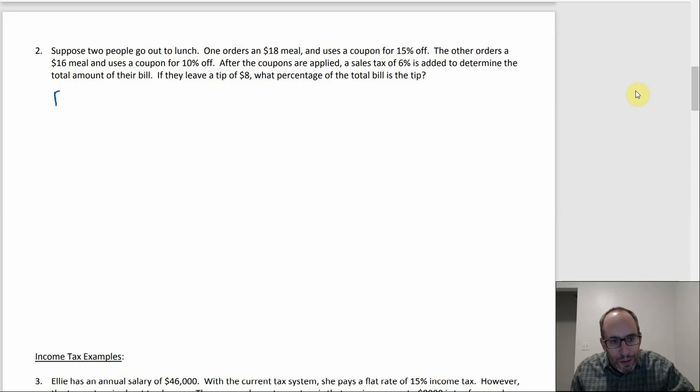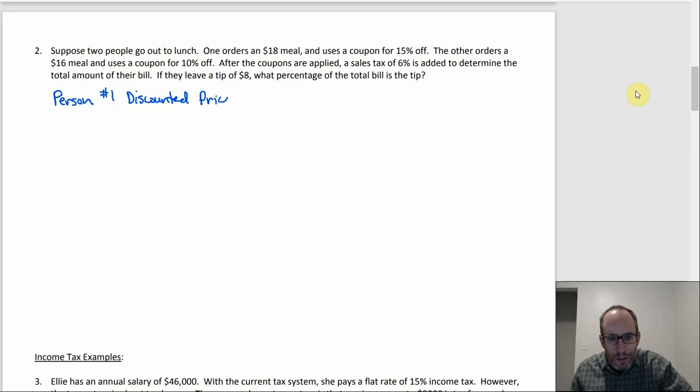So you can have the person number 1 discounted price. So it would be $18 to start off with as the original price, but with 15% off.